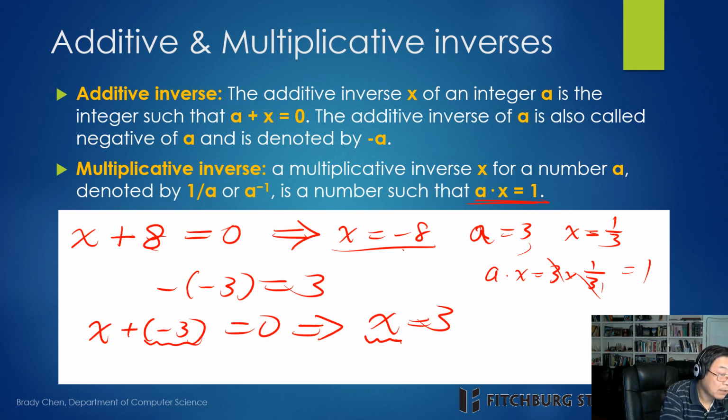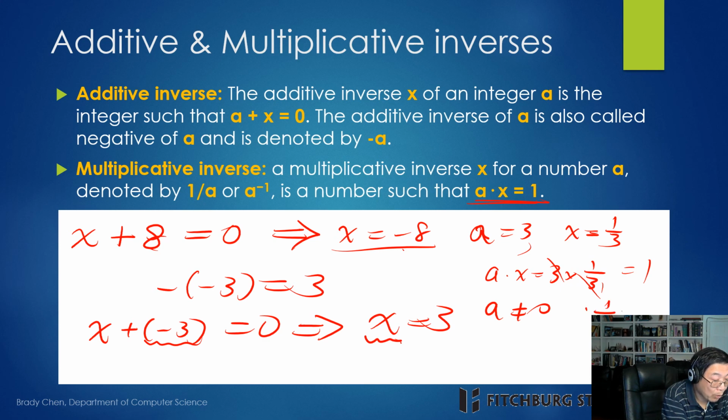So that's why the multiplicative inverse x for a number a is sometimes called the reciprocal of a, the reciprocal of the number. In general, if a is not 0, then the inverse of a is 1 over a.